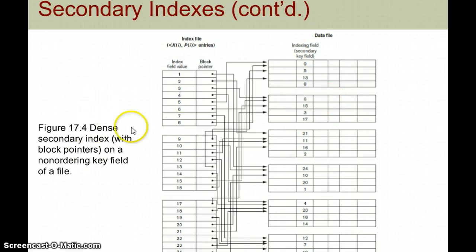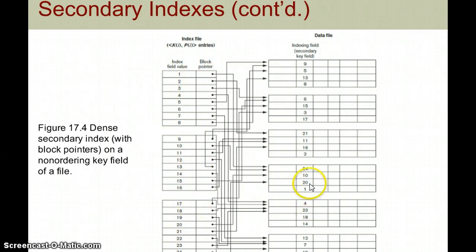When we create the index entry for 4, this 4 is stored after 1, 2, 3, and the block pointer will point to the fifth block of our data file. So the indexing field of our data file is a non-ordering field, and in the index file the index field value will be the ordered field.